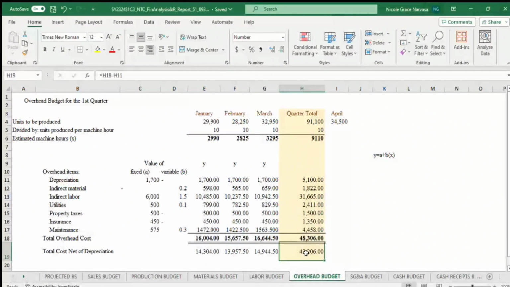And for the quarter total, 48,306 minus 1.7 is equal to 43,206. So that's how we compute the overhead budget.